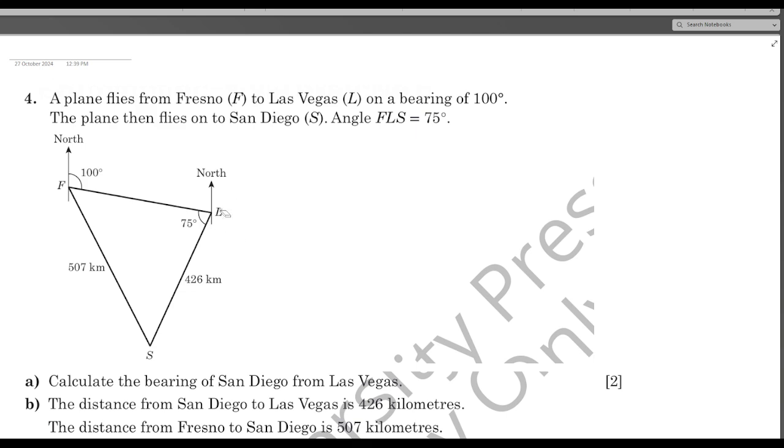Now if you find out this whole angle, this is going to be 180 plus 100, right? So if I have to work out till here, then it is equal to 180 degree plus 100 degree minus 75 degree.